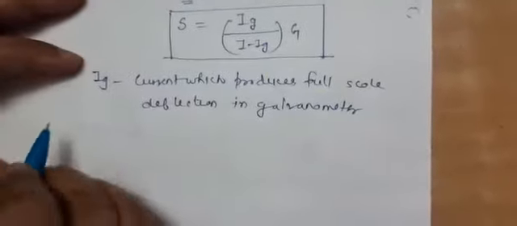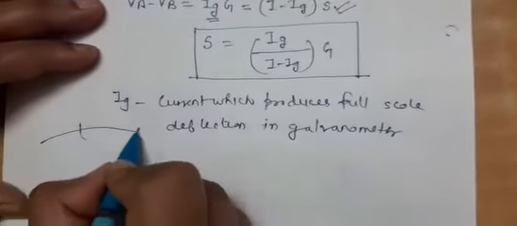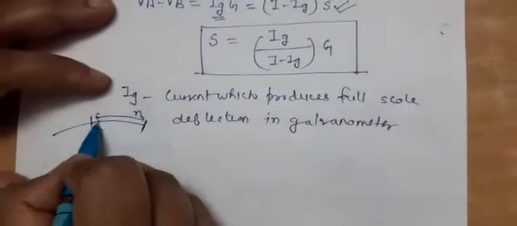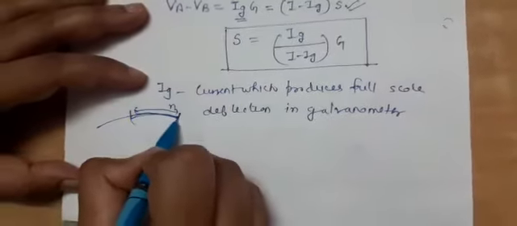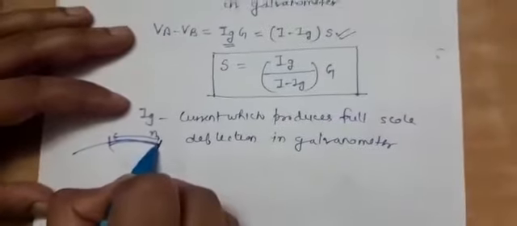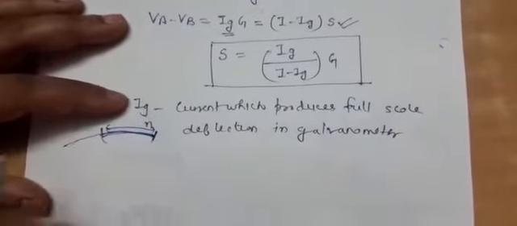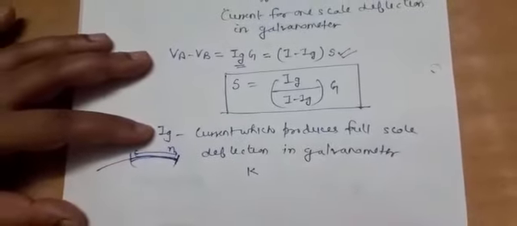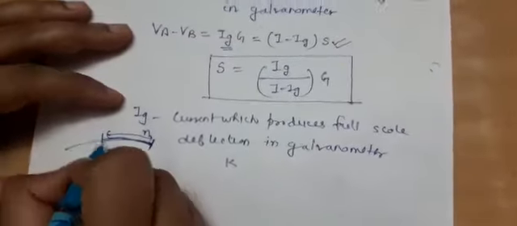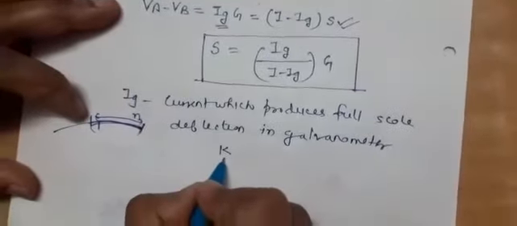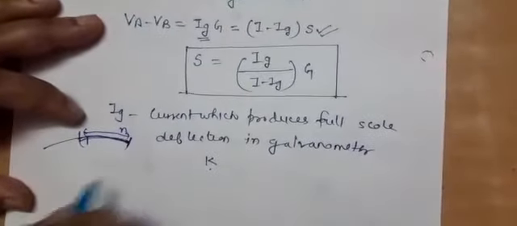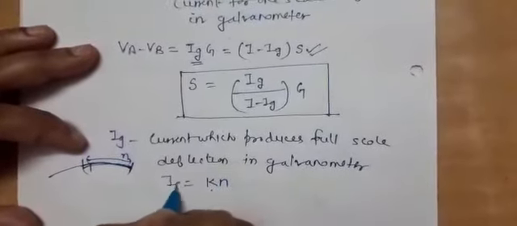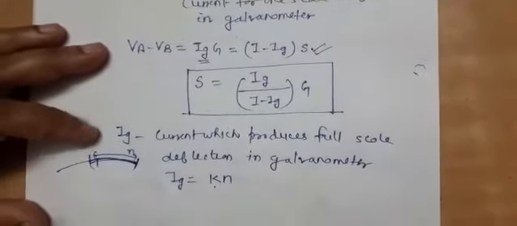Full scale deflection means that, depending upon the number of divisions, we can calculate the maximum current which can be measured with the help of the full scale reading. If K is the current for one scale deflection, it means one division gives a measure of K. Here we have taken n divisions, so K into n gives you the current for full scale deflection in the galvanometer.